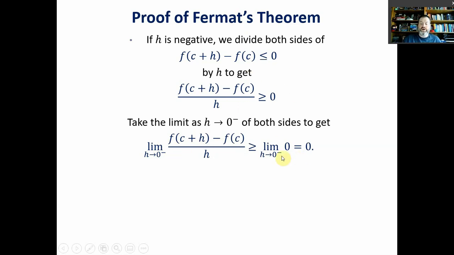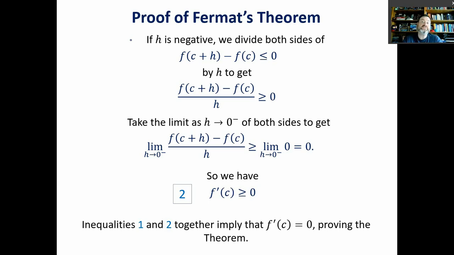This becomes 0, and that tells us that the derivative has to be greater than or equal to 0. On the previous slide, coming in from the right, the derivative has to be negative or 0. Here, coming in from the left, the derivative has to be positive or 0. So that means the derivative is 0, right? If it's less than or equal to 0 and greater than or equal to 0, the only way to satisfy both is that the derivative is 0, and that proves our theorem.